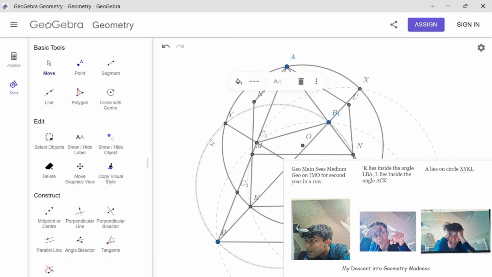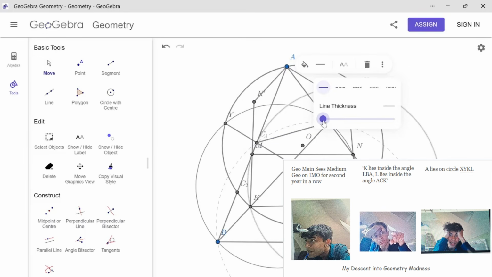Now let's make these circles a bit more prominent. Okay, let's have it like this. Yeah, now these circles are kind of relevant.